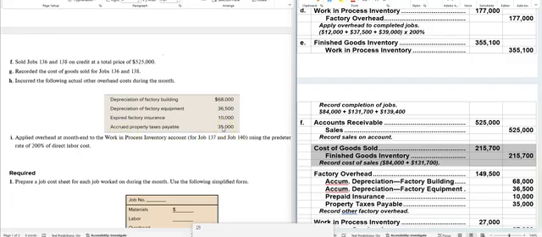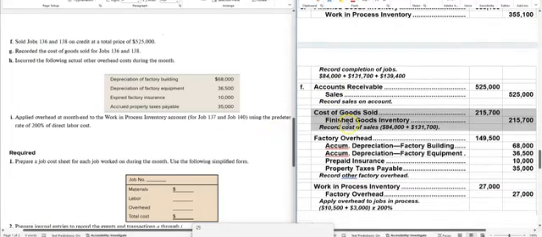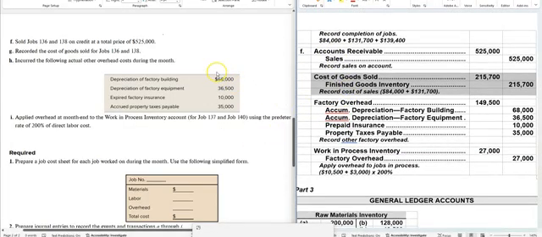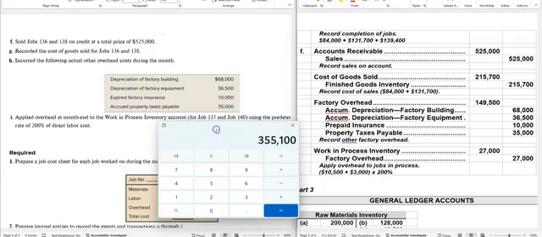All right, so going back into our financial accounting memory banks, the account that we're going to debit is factory overhead, right? Because we are debiting actual overhead costs into factory overhead. So let me add these up: 68,000 plus 36,500 plus 10,000 plus 35,000, 149,500.